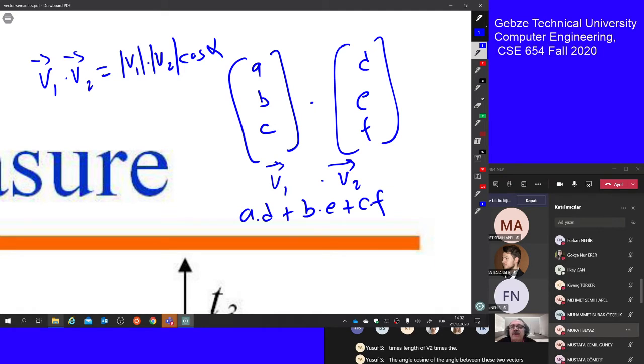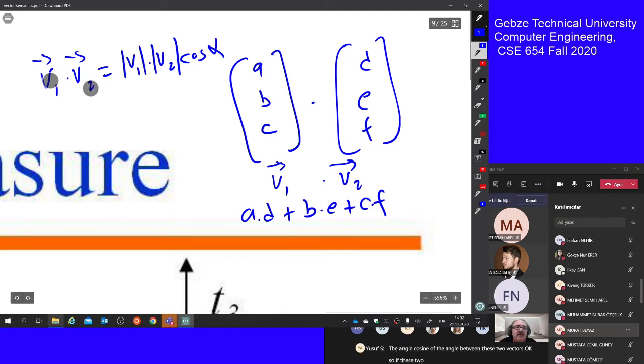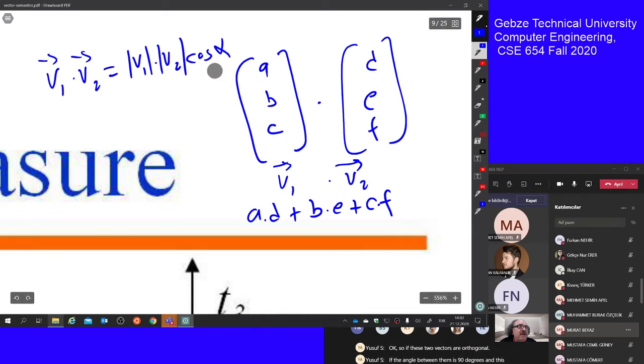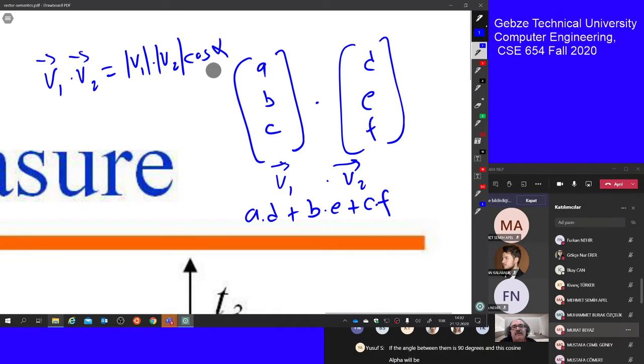So if these two vectors are orthogonal, if the angle between them is 90 degrees, then this cosine alpha will be 0. So I would get 0 out of this product.